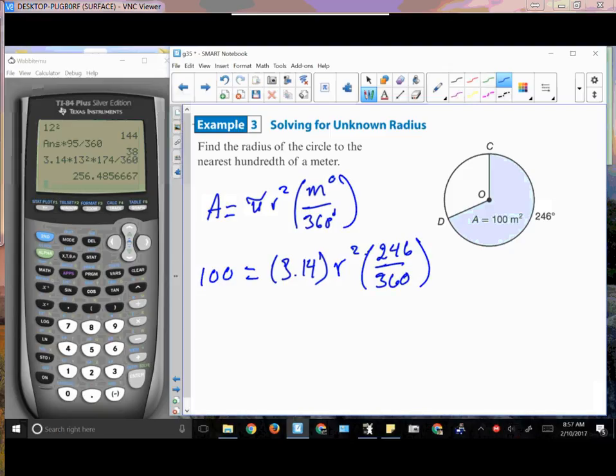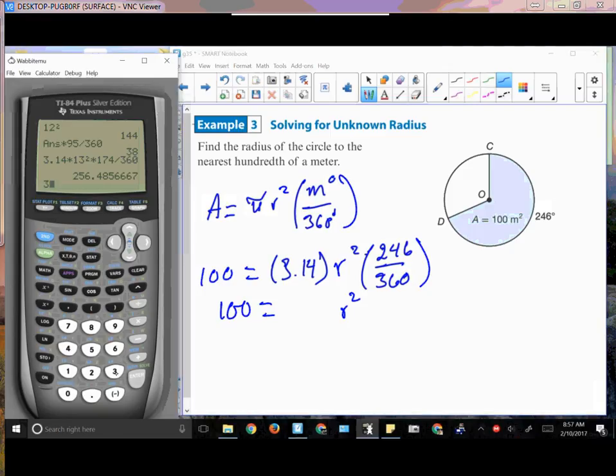Now, it really doesn't matter how you want to do this. With the algebra and math, I can take the reciprocal of this, multiply it over there, divide by 3.14. I can take 100, have my r squared here, and just get a number here. It really won't matter how you want to do it.